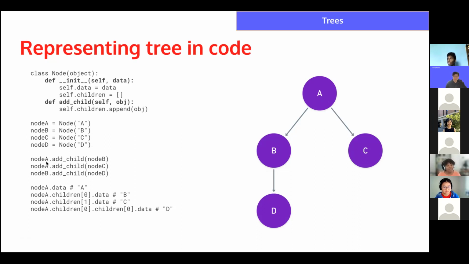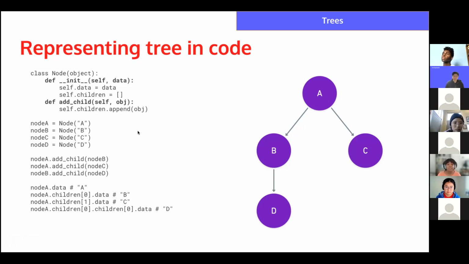So we're saying for node A, add the child B, node A, add the child C, node B, add child D. And since we're using an array structure here, the implementation of adding a child is just appending that child node to the children list. Is that clear so far?